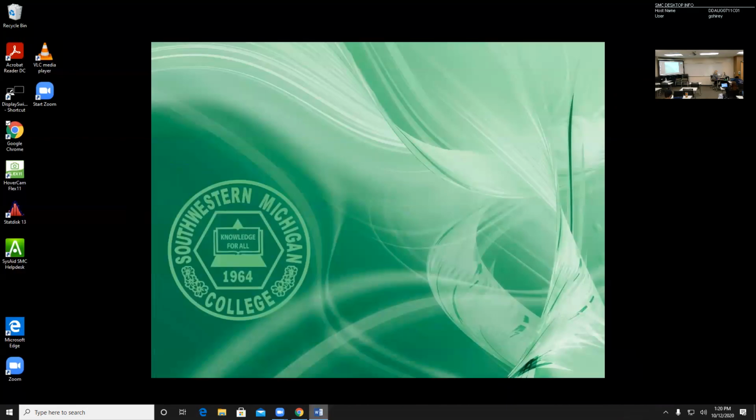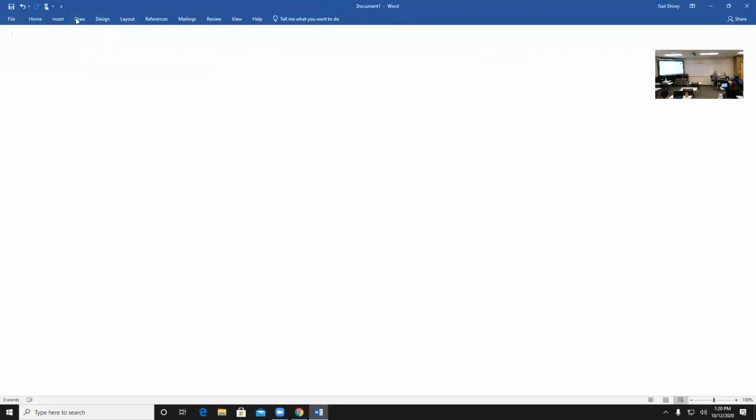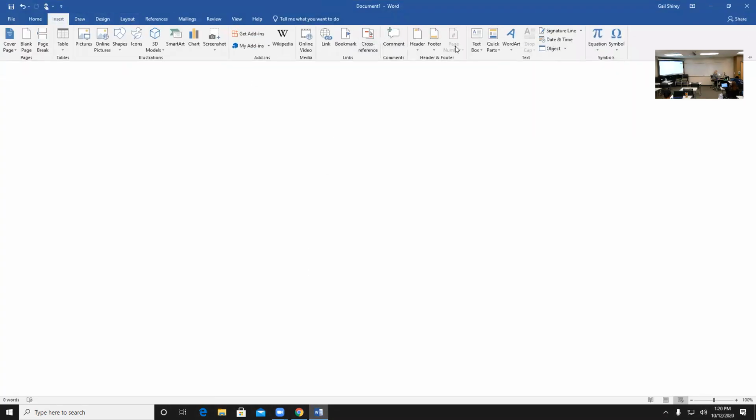Normally, you are going to insert and you're going to do page number. And when you have page number, it's going to pull it up and then you choose page number all the way to the right-hand side and type your name in front of it. And then once you have your name in front of it, it'll do a running page number, which means the first page will be 1, second 2, it'll always do your last name and it'll be running.